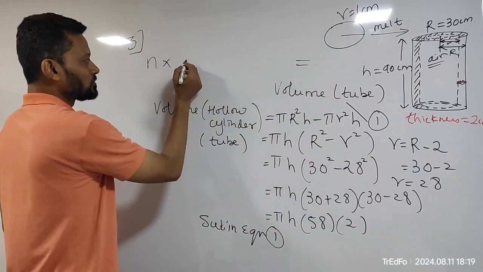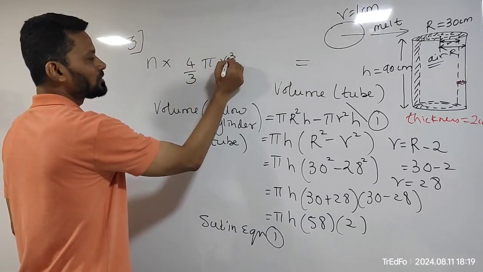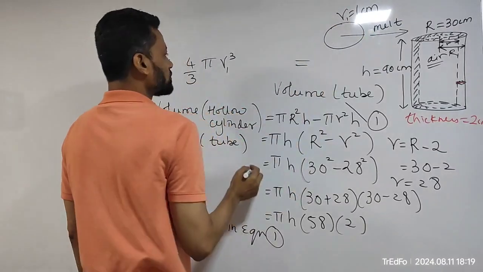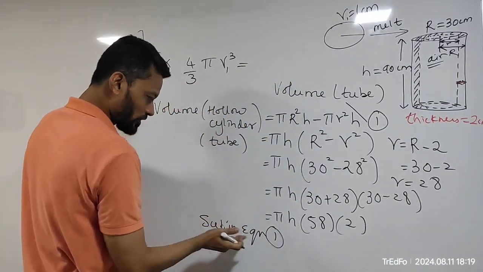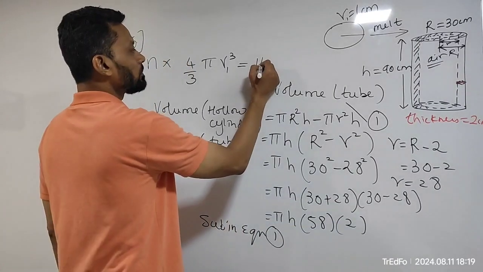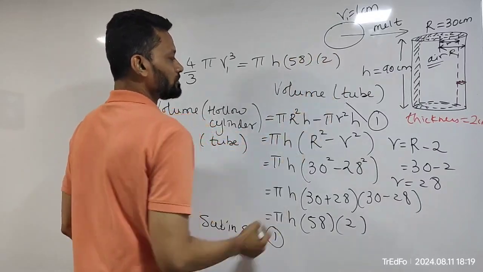It is a sphere. So here it will be 4 by 3 pi r cube. I'm taking r as r1 cube. Let's say this is my r1 itself. So r1 cube equals my volume of the tube. I already got the volume of the tube. Pi h, 58 into 2.